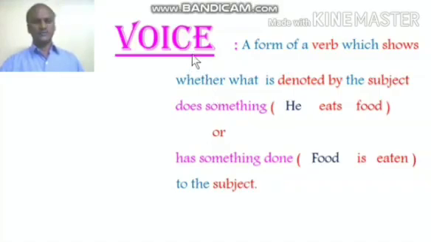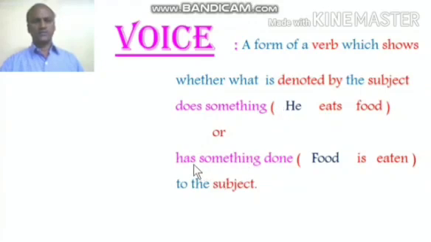Now what does it mean? In short, if the subject does something, for example, he eats food, he is the subject. So what does he do? He eats. So here the subject is doing the action of eating. That is one thing.